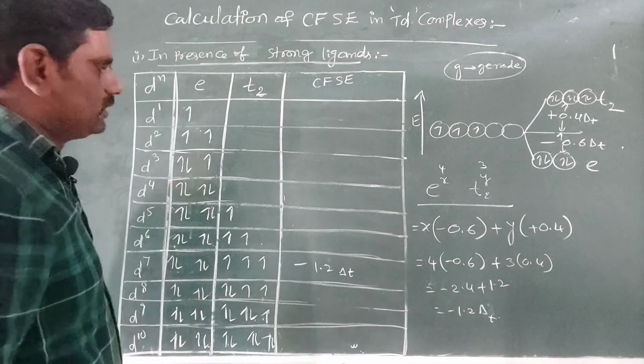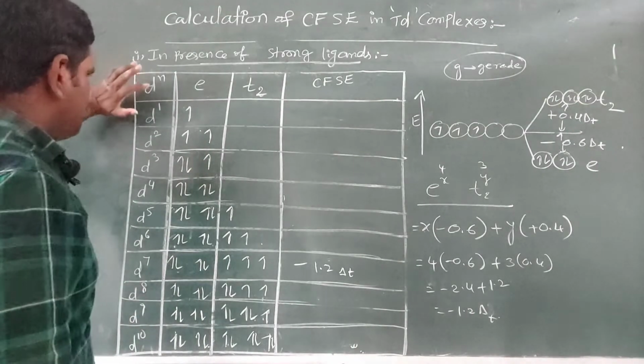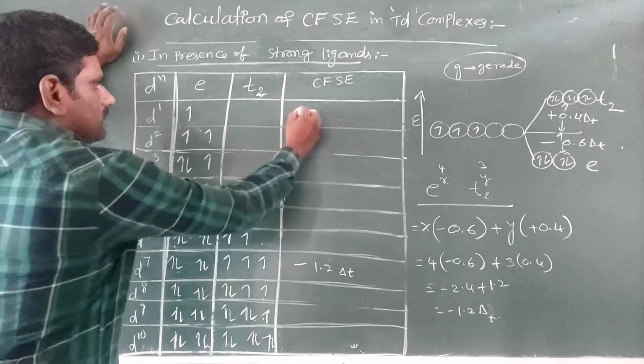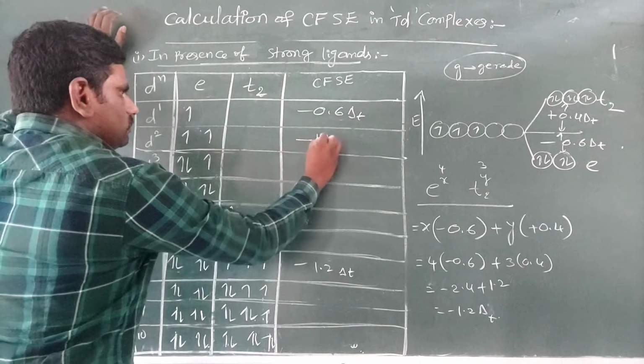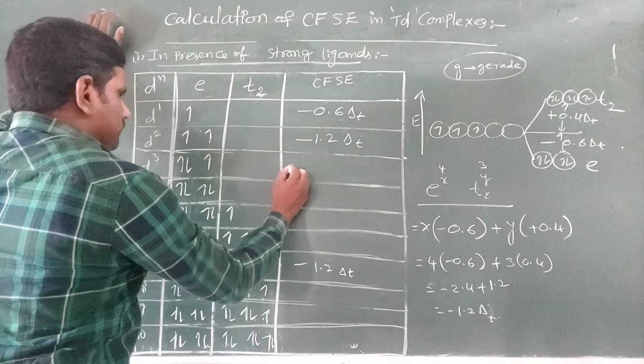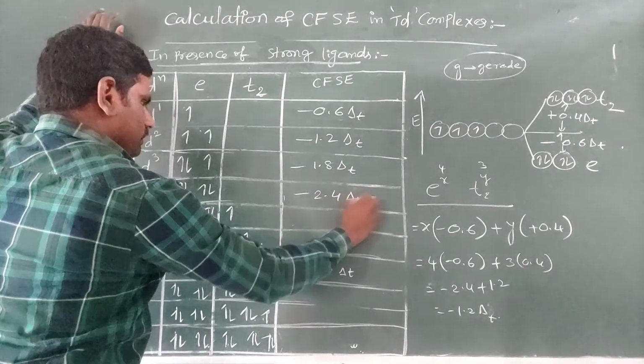That's why you have to fill this table. Okay, and practice before seeing this. So minus 0.6, then 0, then minus 1.2, you calculate. Minus 1.8, minus 2.4.